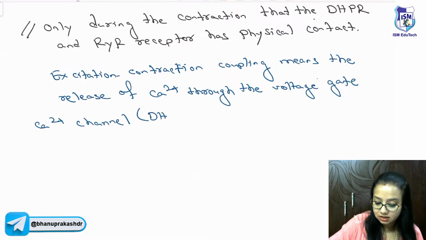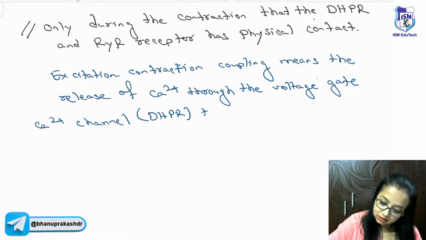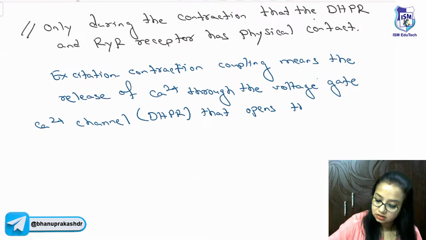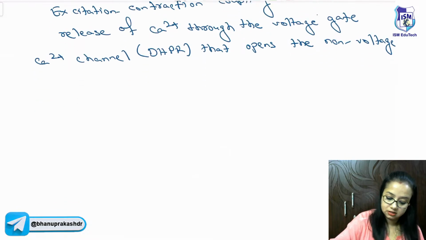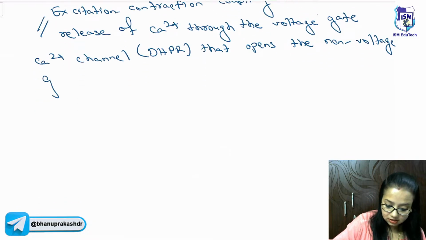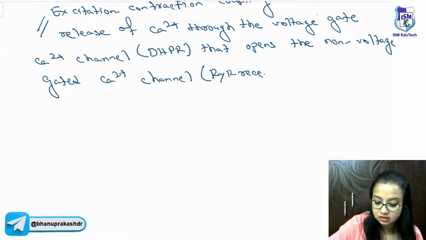That is our dihydropyridine receptor that opens the non-voltage gated calcium channel, that is the ryanodine receptor.